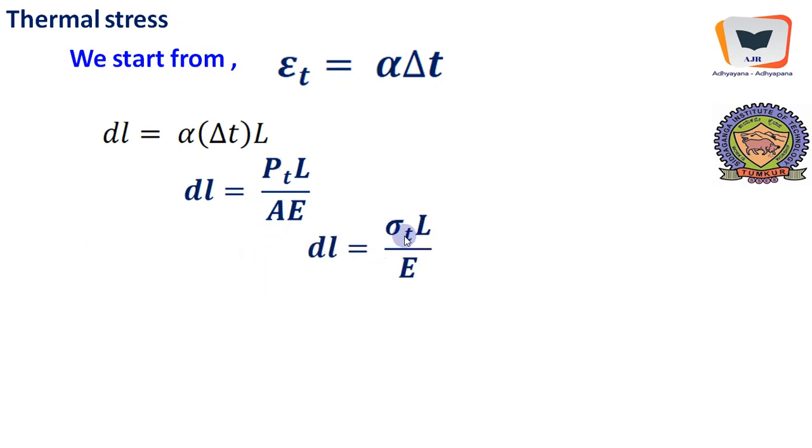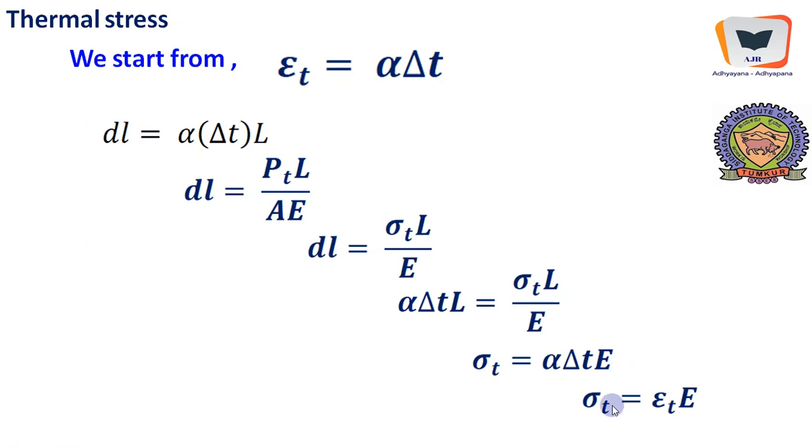Delta L equals thermal stress into L divided by E. We will resubstitute alpha delta T into L equal to sigma T L divided by E, and upon simplification L and L get cancelled, and we get sigma T, that is thermal stress, equal to coefficient of thermal expansion into change in temperature into elastic modulus. This is epsilon T into E, because alpha into delta T is nothing but the thermal strain.